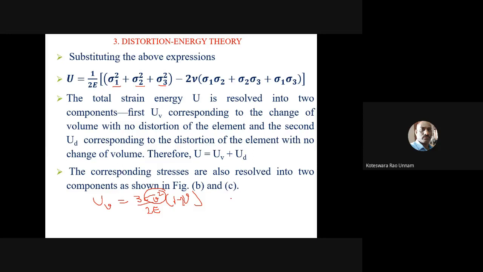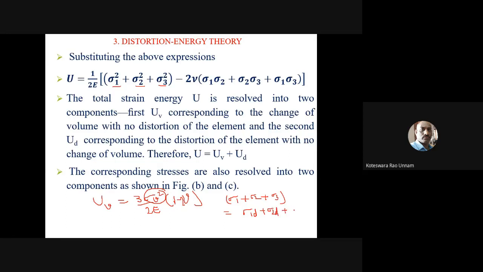Just now we derived it. So sigma 1 plus sigma 2 plus sigma 3 is equal to sigma 1d plus sigma 2d plus sigma 3d plus 3 sigma v. So that means I am adding up all the stresses.